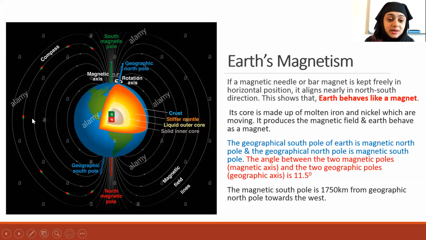Here you can see a picture of Earth, and here you can see small rhombuses. They are magnetic compasses. The red side represents North Pole and the green side represents South Pole.